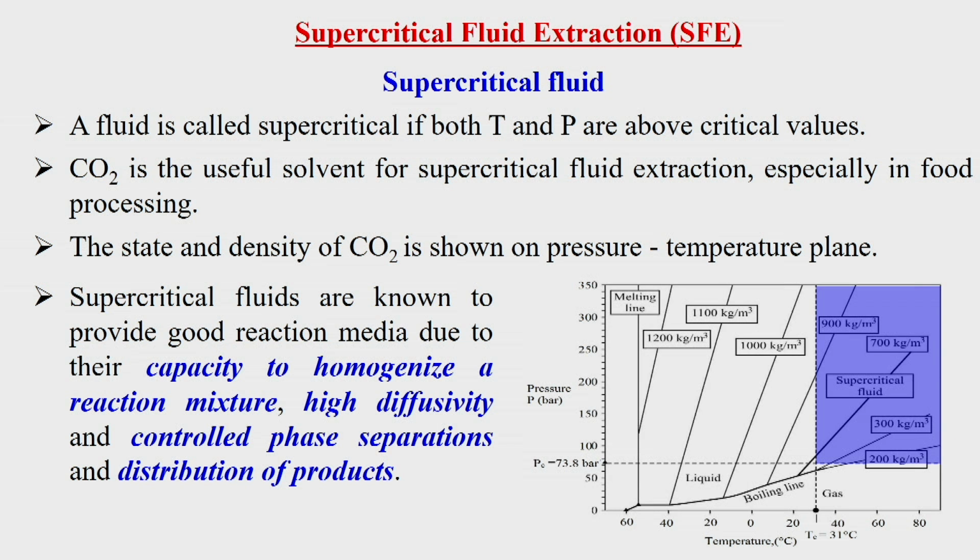A fluid is called supercritical if both temperature and pressure are above the critical value. If we take the example of carbon dioxide and look at the phase diagram of carbon dioxide with temperature and pressure, suppose this line is sublimation, this side is liquid and this is solid, and here is gas.